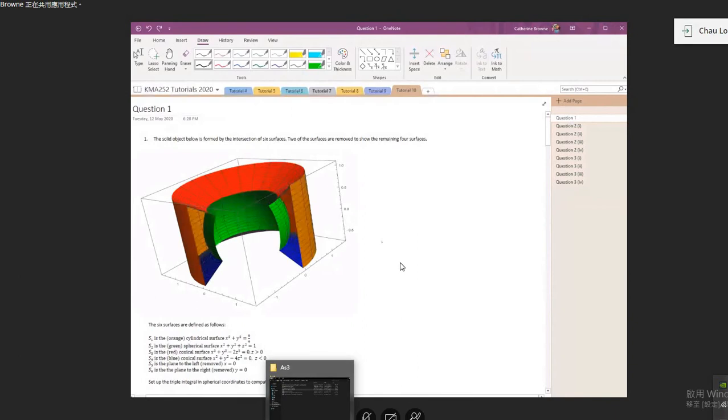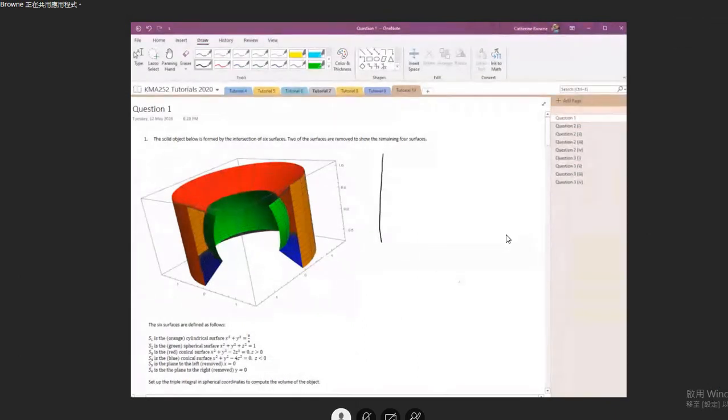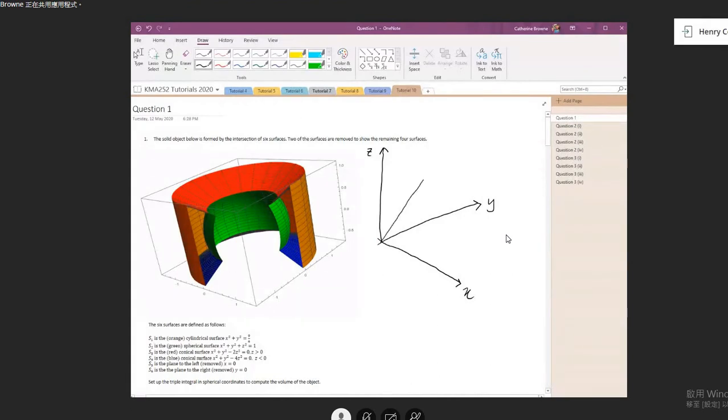So as a first step, I'd think about the relationship between Cartesian, spherical and cylindrical coordinates. So we just recall, if we've got the Cartesian coordinates, then if we're just looking in the x, y plane, we might have rho, as in cylindrical coordinates.